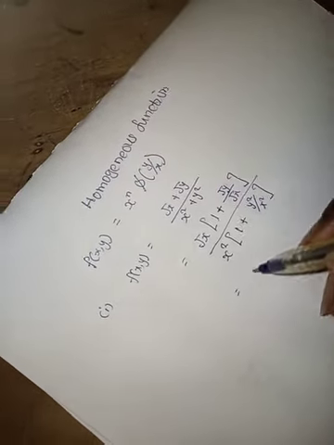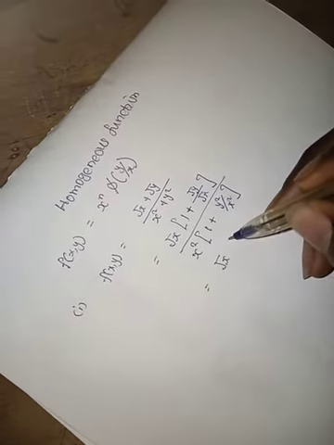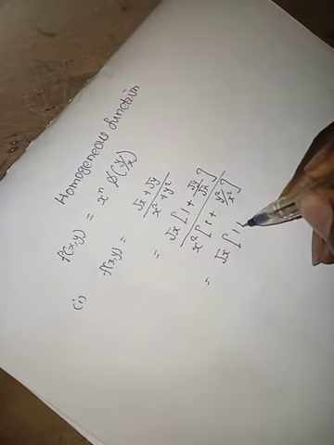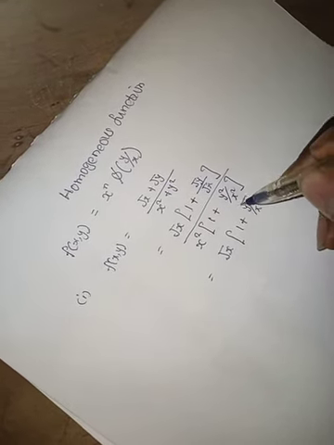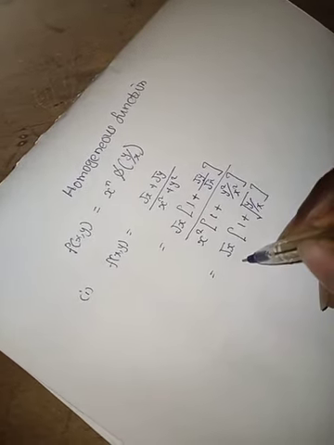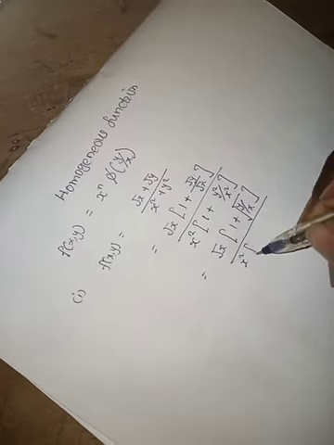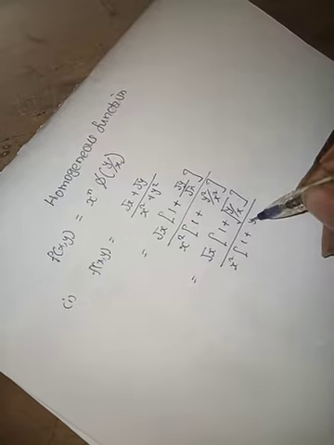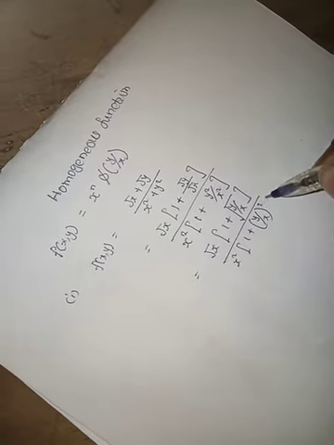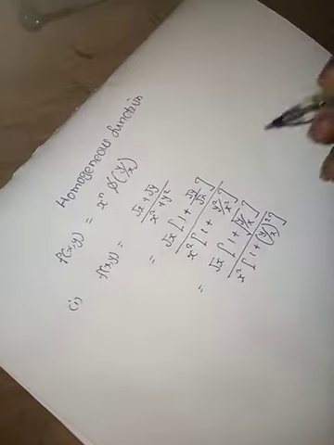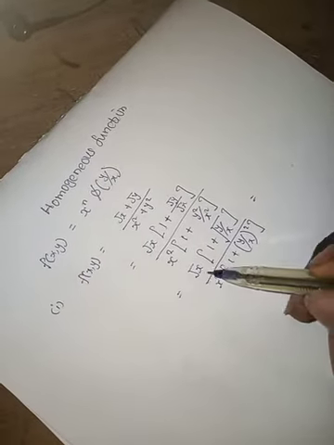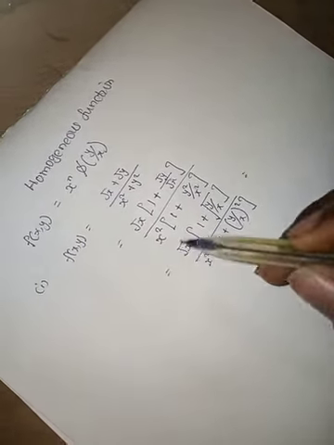Alright, so we can further simplify. We have root x into brackets 1 plus y over x, everything under the root sign since both of them are affected by the root. Then we have x squared into brackets 1 plus y over x all squared. And we can use the law of indices here to simplify this.